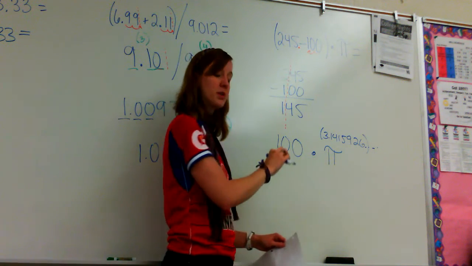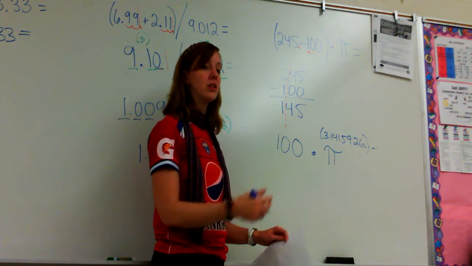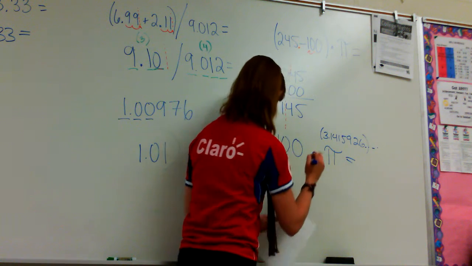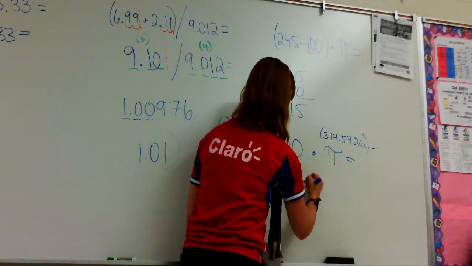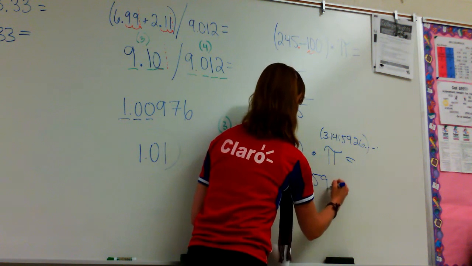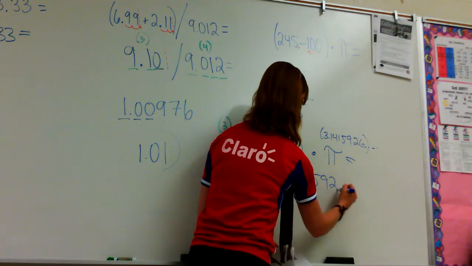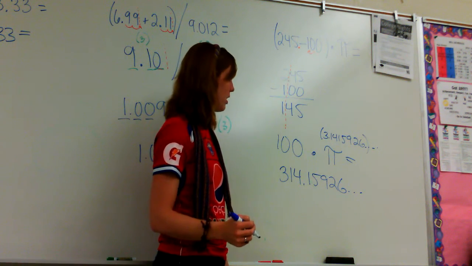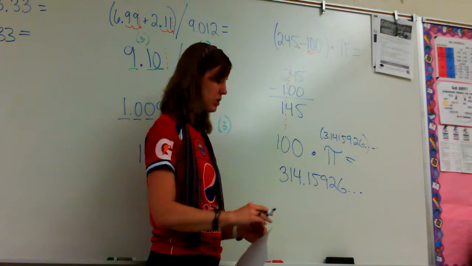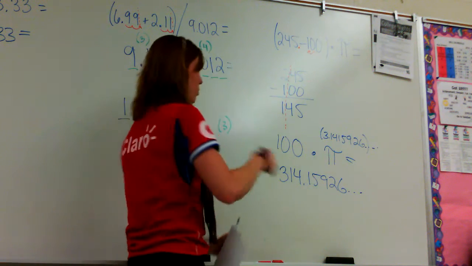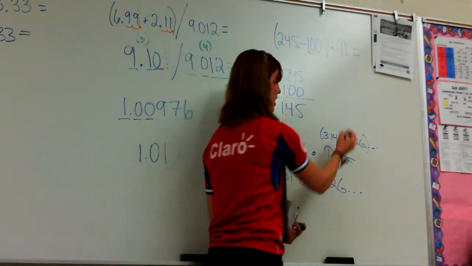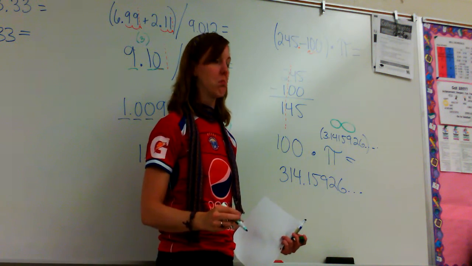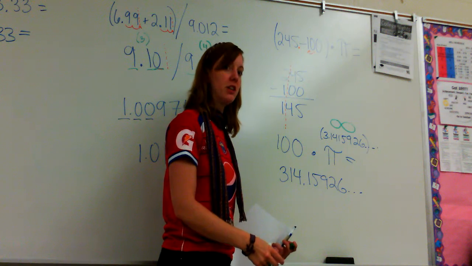So when I type into my calculator 100 times pi, I will get 314, right? 6, and it'll keep going if I have a big calculator. But how many significant digits am I allowed to use? Well, in pi, I have infinity significant digits. So maybe my answer can have infinity?